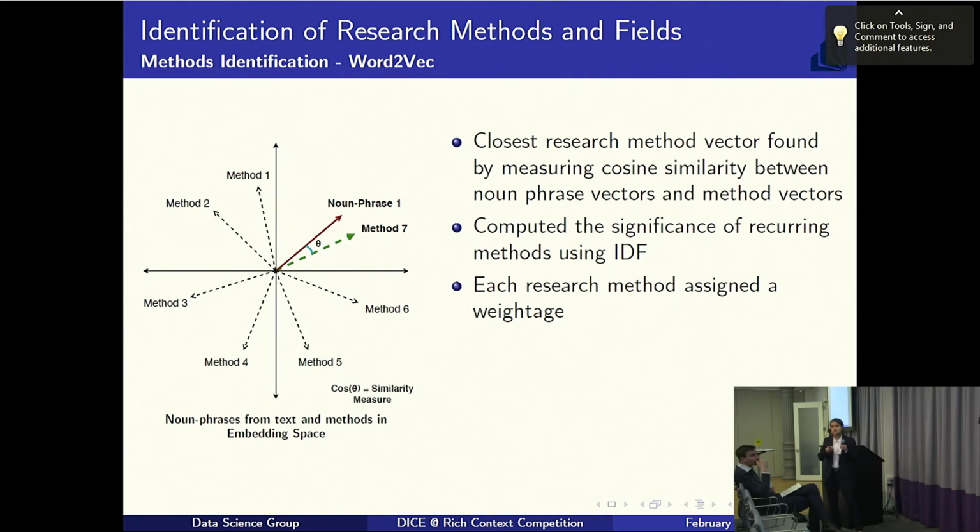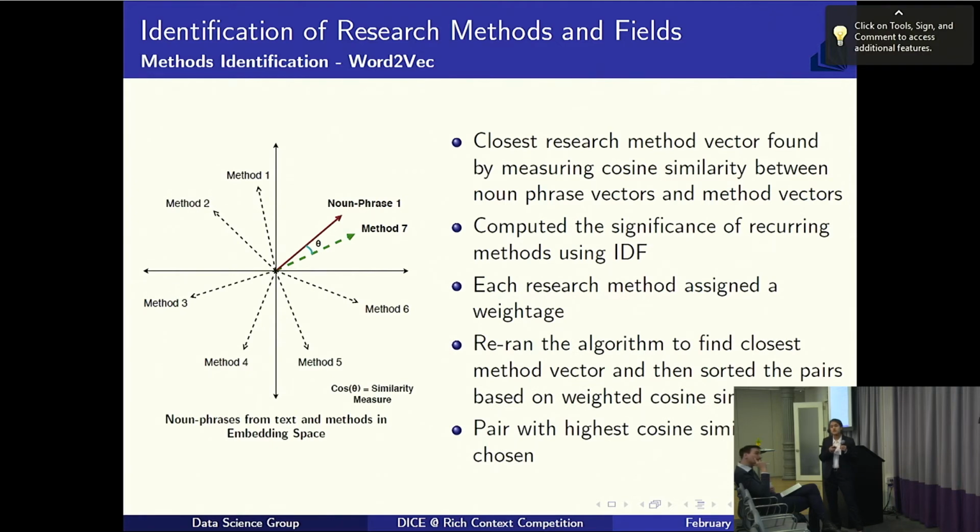And we assigned each research method a weightage. Then we reran the algorithm to find the closest research method vector, and based on the weighted cosine similarity, we selected the pair with the highest vector as the research method of the article.